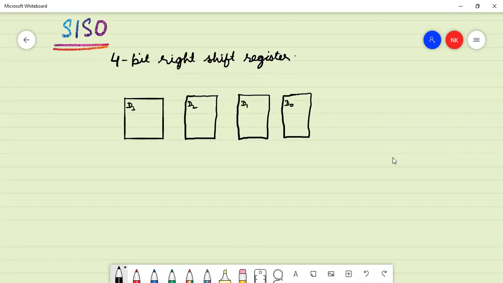Okay, and as we are going to study a 4-bit right shift register, whatever input we will feed over here, and this flip-flop is for, yes, one thing we have to give in all the flip-flops is the clock pulse.